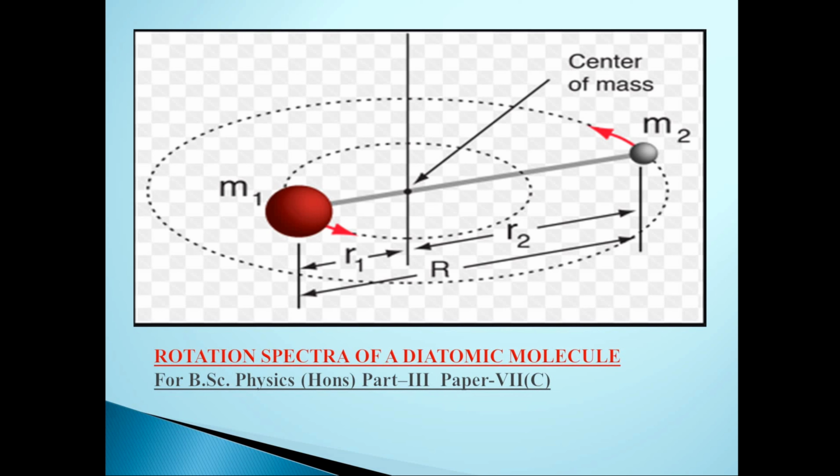This center of mass is in between the two, through which an axis perpendicular to the plane of the paper, or perpendicular to the line joining M1 and M2, passes, about which this molecule M1 M2 rotates and produces angular momentum. So this is the physical scenario.